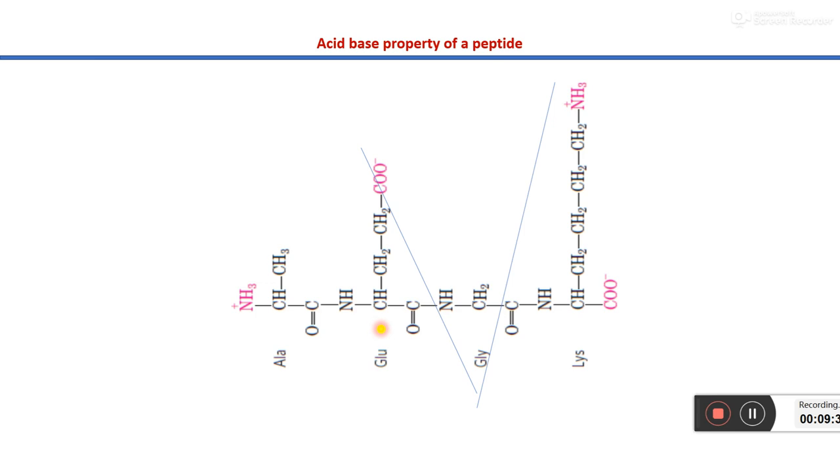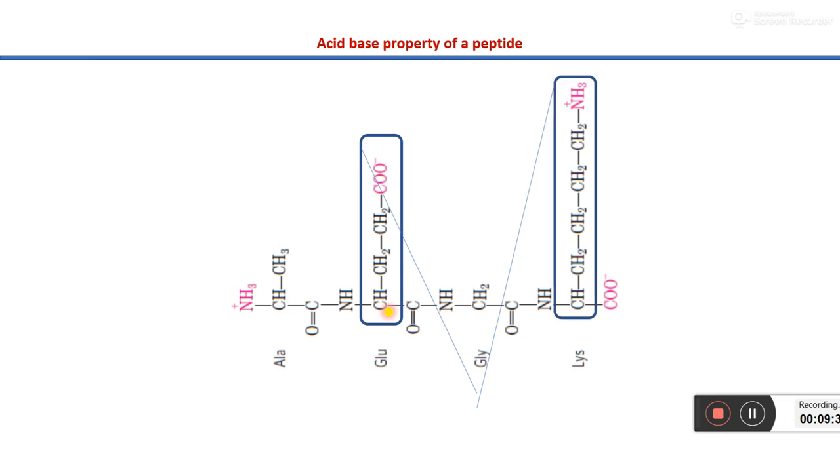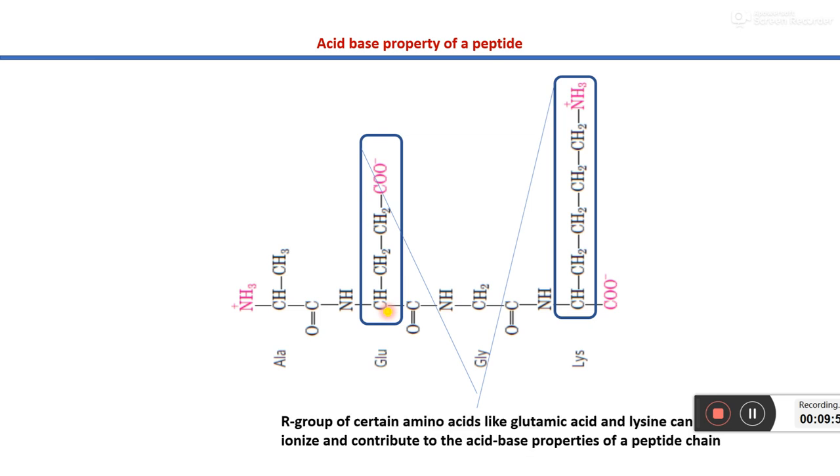However, the R group of some amino acids like glutamic acid and lysine can ionize, and in a peptide these can contribute to the acid-base properties of a polypeptide or oligopeptide. So here we can say that in a polypeptide or in an oligopeptide, the side chains of different amino acids generally take part in its acidic property and basic property.